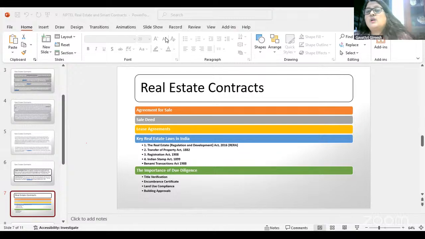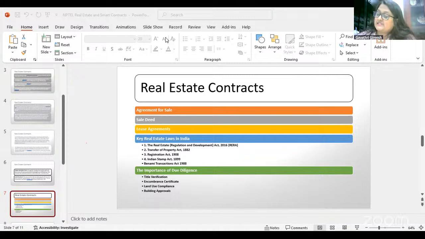So next is your Indian Stamp Act. Do you pay stamp duty when you do the registration of any land? Obviously, yes, we do pay a stamp duty, which is a kind of revenue generation for the government.